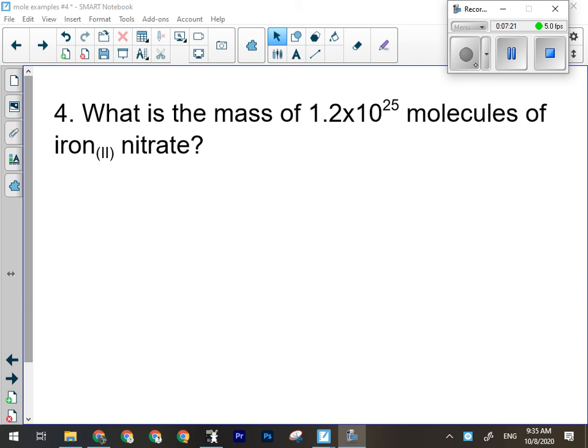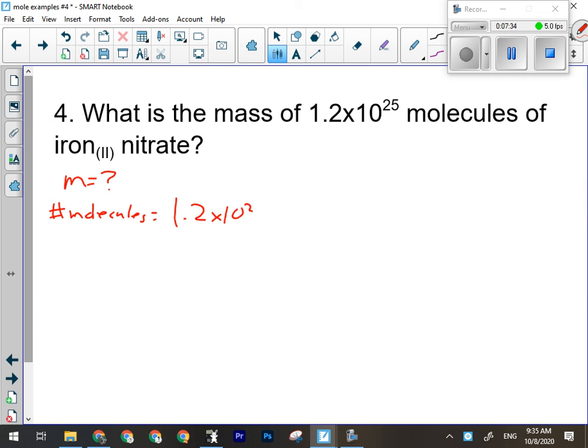Okay, so for number 4, right, we're looking for the mass, so we're looking for little m, and we're told the number of molecules. Okay, 1.2 times 10 to the 25, and we're told that it is iron 2 nitrate.